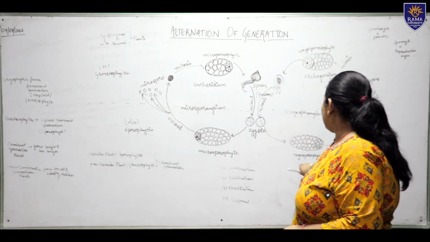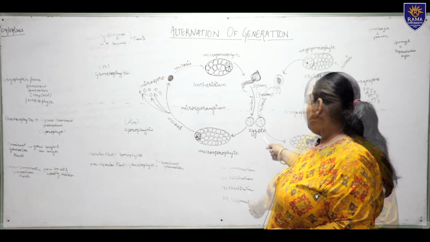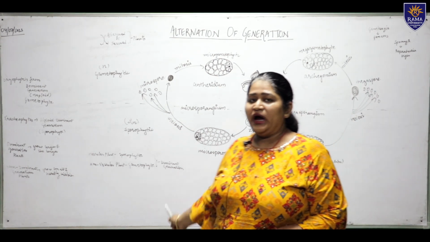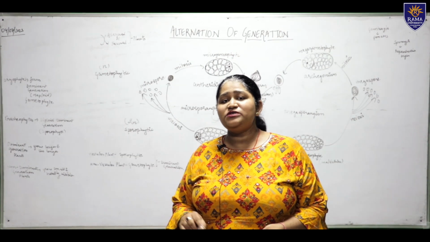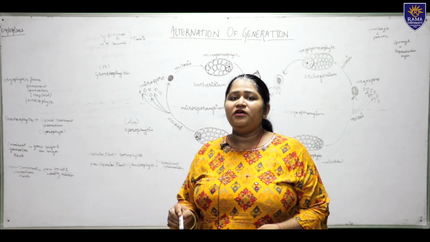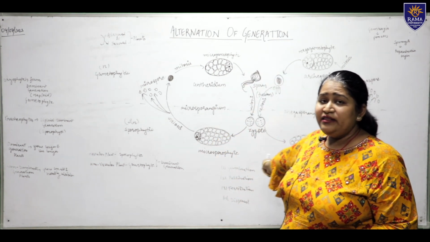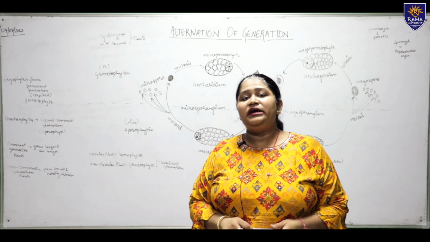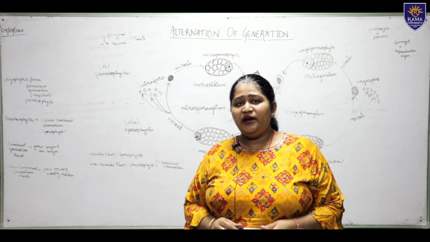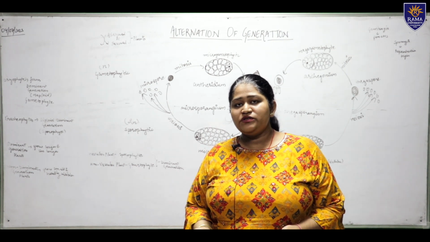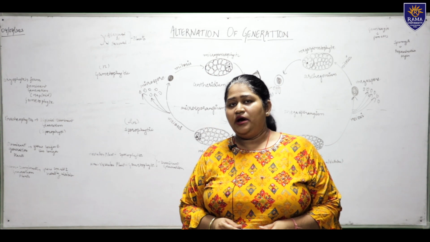Okay, after that this diploid zygote converts into two different plants, male and female. If it converts into male, it is known as microsporophyte, and if it converts into female, it is known as megasporophyte. These two structures are multicellular. In these male and female sporophytes, the structures where spores originate are known as sporangia.